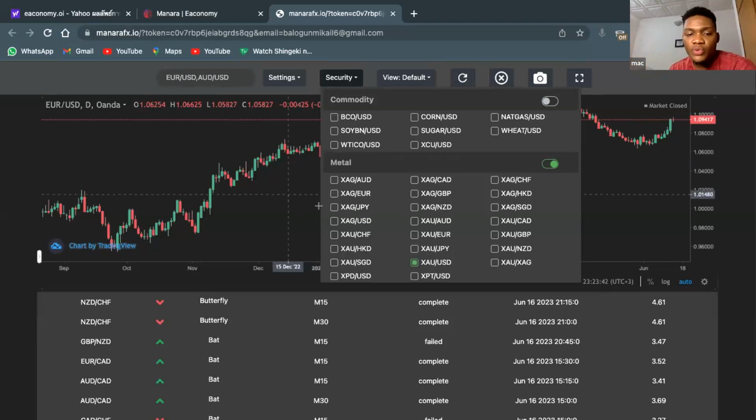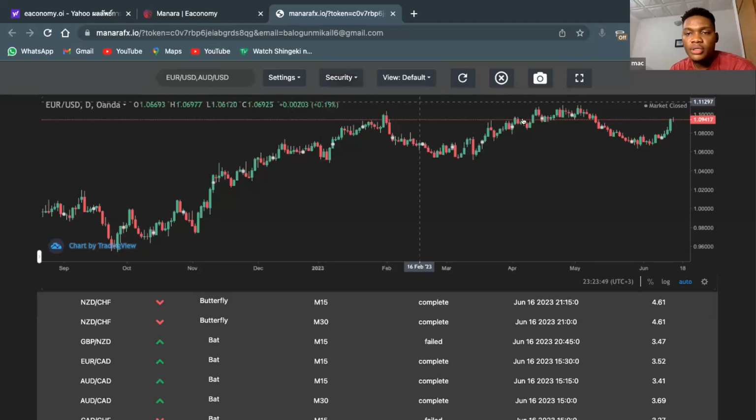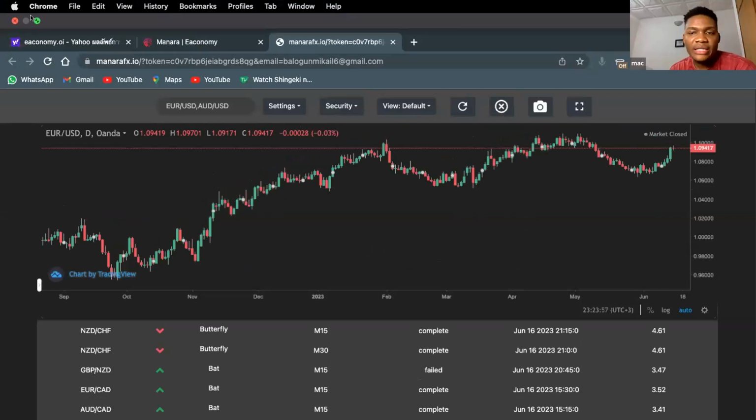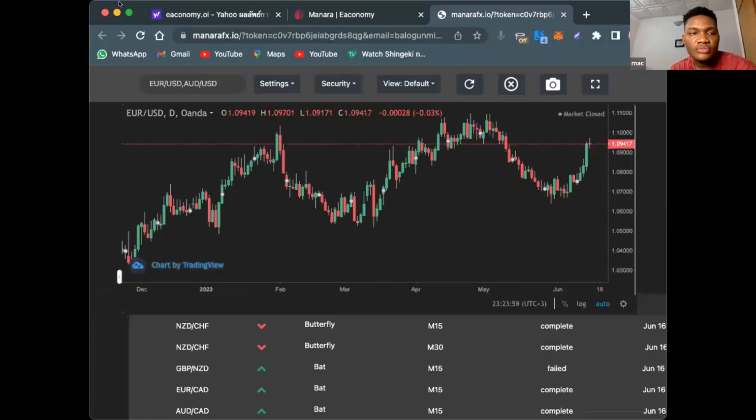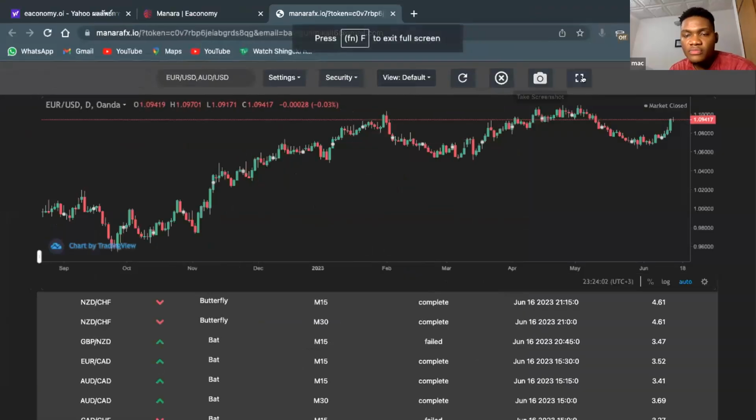Now, when you are done doing this, the next place you want to come to, click on security, the next place you want to come to is for us to click on notification, right? So let me expand this. Let me expand it from here. Full screen mode.